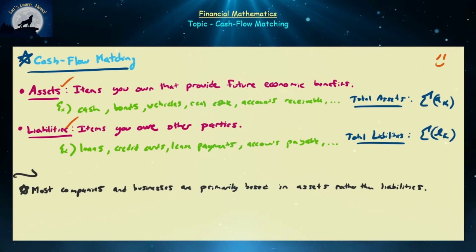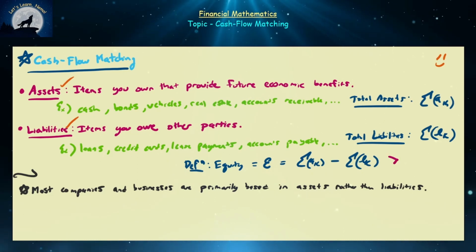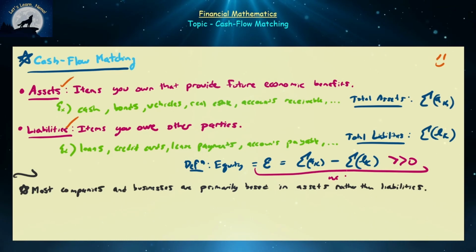From these two terms, we define equity. Definition: equity, let's call it E, is equal to the sum of your assets minus the sum of your liabilities. And generally speaking, we would like this to be significantly greater than 0. We would like our equity to be as far from 0 on the positive end as possible.